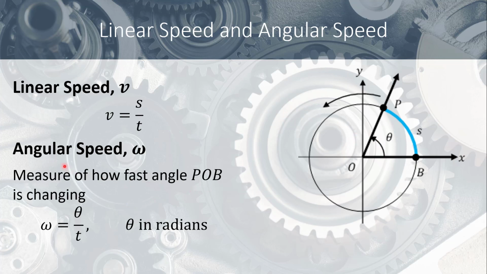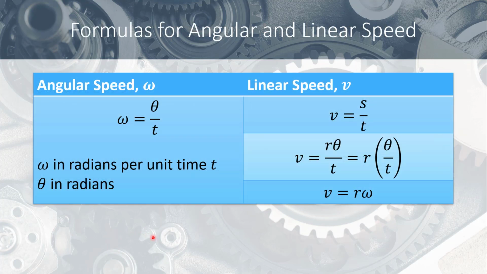And as a consequence, there is an angular speed. That speed is how much this angle is changing, and we will call that theta divided by time, where once again, theta is in radians. We have a variety of formulas that we can use to work between angular speed, which is typically described as omega, in radians per unit time, and linear speed.